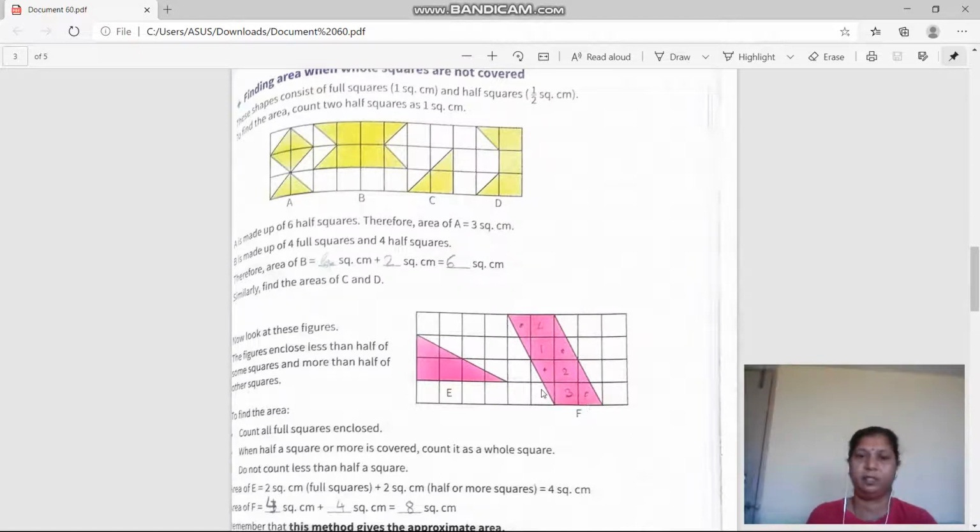This area, this one and this one are less than half, so we will not count them. Understand everyone? I purposely wrote the numbers where whole squares are there, and the areas where it is more than half I have just dotted. Clear everyone? Fine.